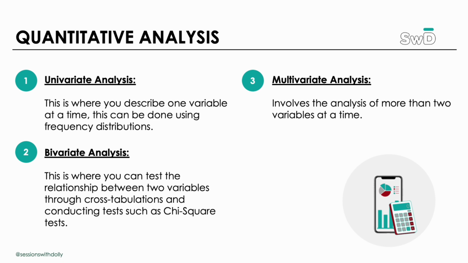Or you can conduct a bivariate analysis, where you're looking at two variables and trying to test the relationship between them through cross tabulations, and maybe tests such as the chi-square test and ANOVA. And then we also have a multivariate analysis, where you're focusing on more than two variables at a time.